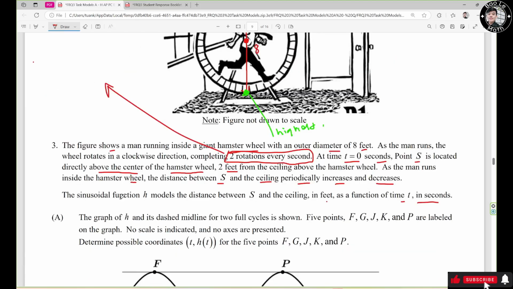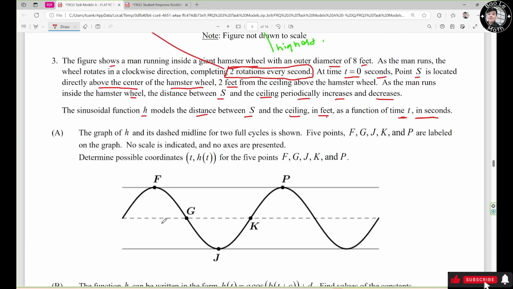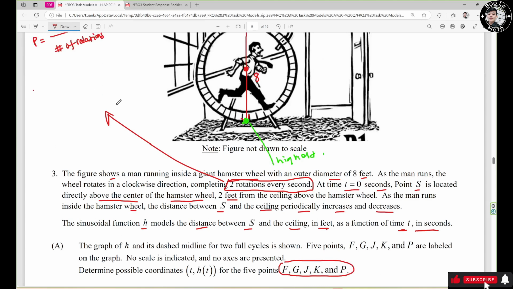Now, the sinusoidal function h models the distance between point S and the ceiling in feet as a function of time t in seconds. Now we need to find the coordinates of point F, G, J, K, and P. First we need to find the maximum, the minimum, and the midline.